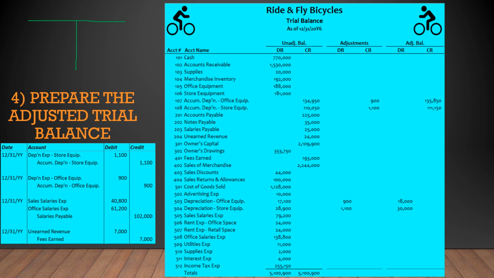Consider depreciation expense on office equipment. We have a debit balance of $17,100. And we just posted a debit of $900.